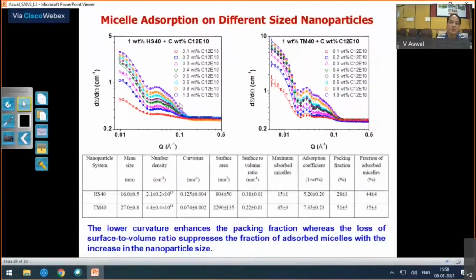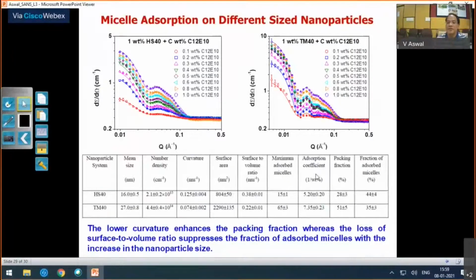These are the diameters of the nanoparticles, different diameters. What we have done is take the same weight percent concentration of the nanoparticle, so the surface area to volume ratio is different. What we found is the maximum number of adsorbed micelles: when the nanoparticle is small, it only adsorbs 15 micelles, but as the size increases, it goes from 15 to 65.